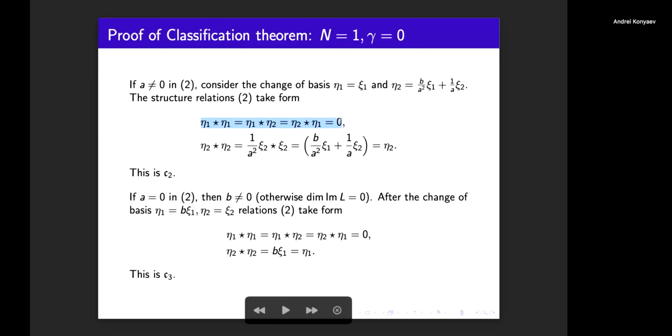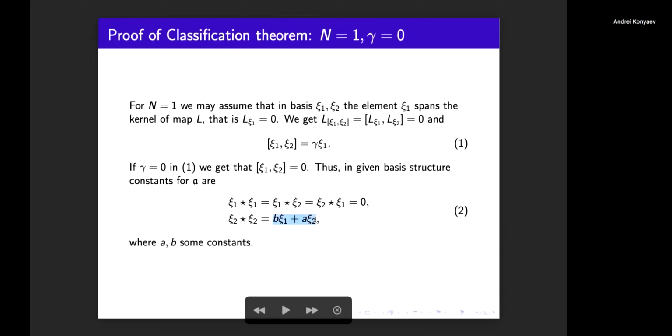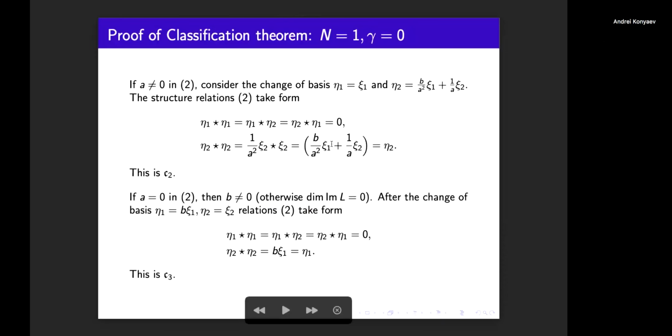So the first three structure relations did not change. But if we multiply it by this, we'll see that, well, the xi2 times xi2 survives. It goes like this, and then you apply this formula. You substitute this formula into xi2, xi2, and you get the following formula, which is exactly eta2.